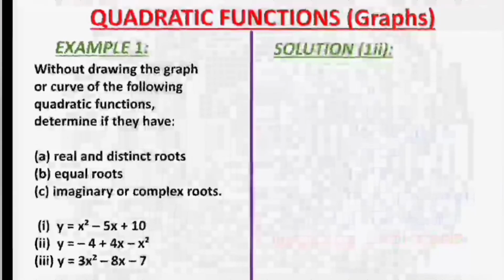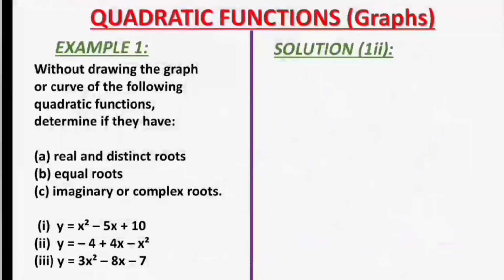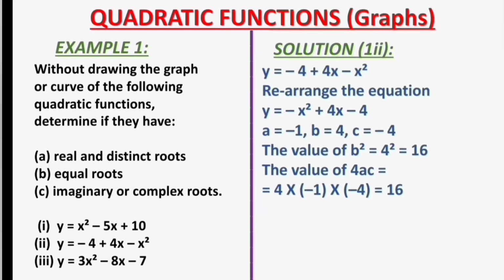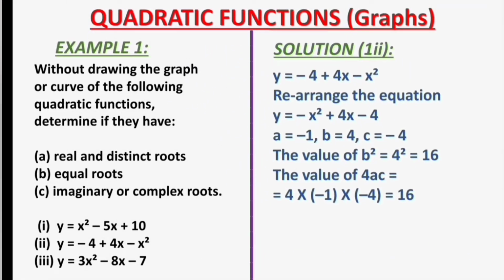Let's see the solution to the second quadratic function. The second quadratic function is y is equal to minus 4 plus 4x minus x squared. The first thing we have to do here is to rearrange the quadratic function.